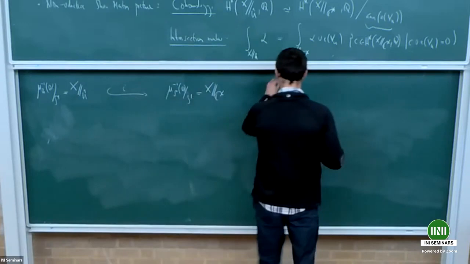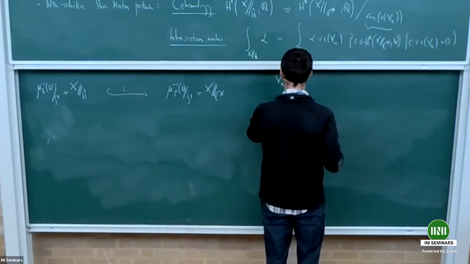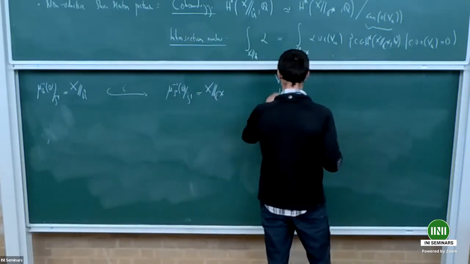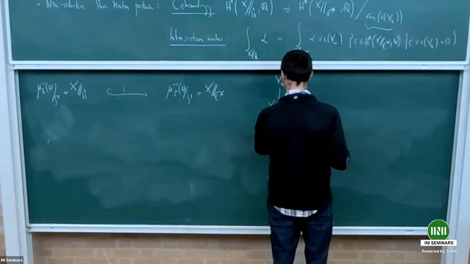So there is a bundle over, this is what I denote by VU, which is actually the bundle over X mod C star.